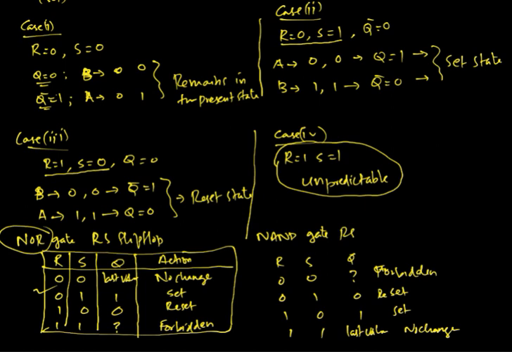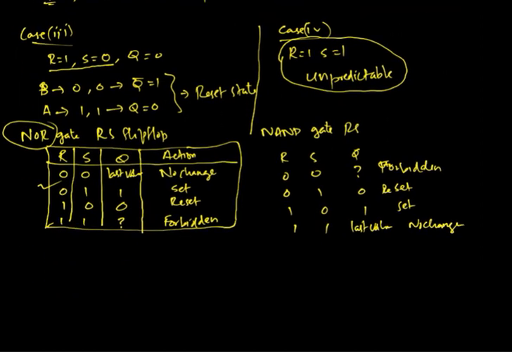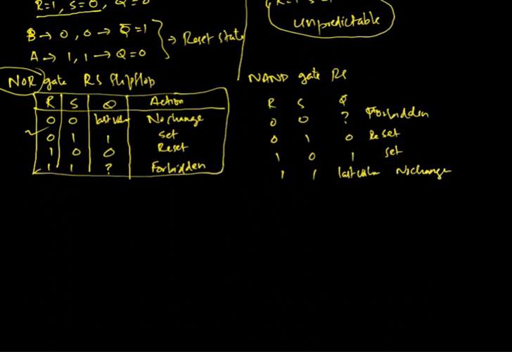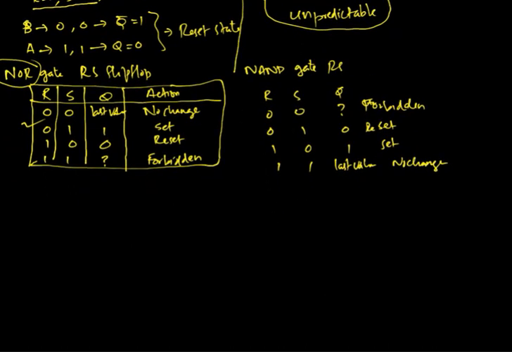Now for this one there is a problem. When R is equal to 1 and S is equal to 1, the output is unpredictable, but when you remove R first, the circuit goes to set state, or when you remove S first and then R, the circuit goes to reset state.